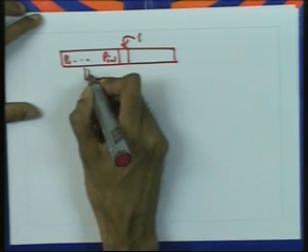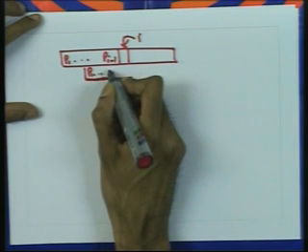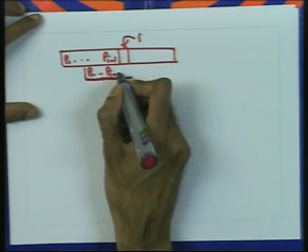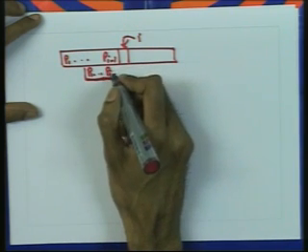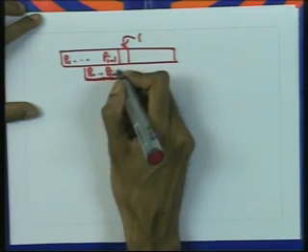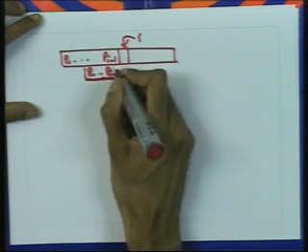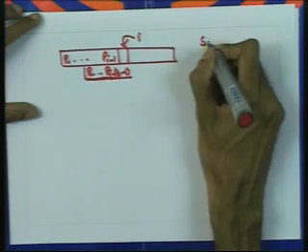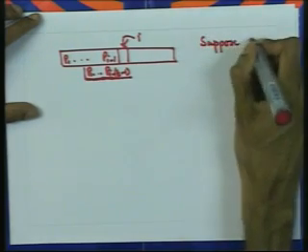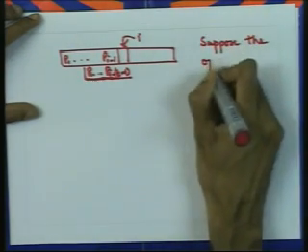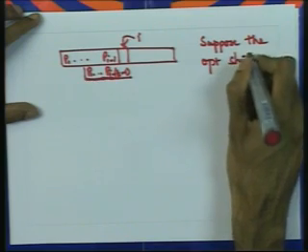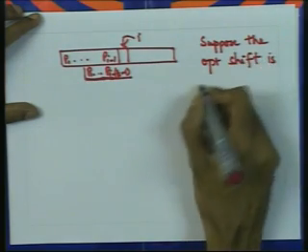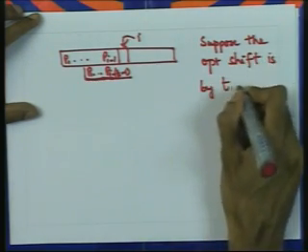P1 and so on, up to, let's say, T minus 1. So supposing the optimum shift is by T characters.